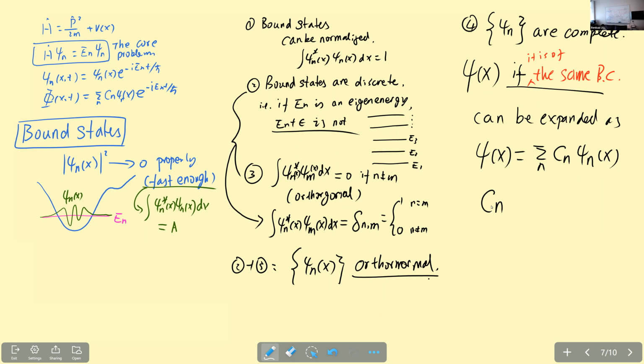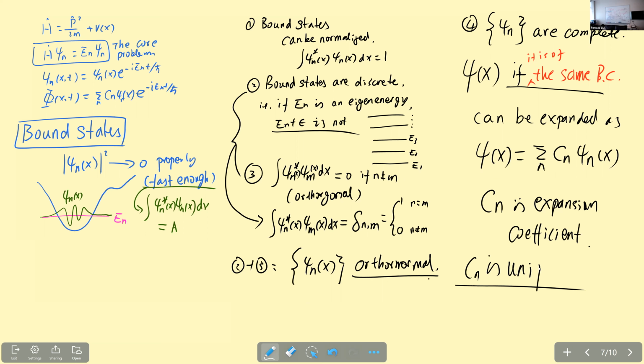And the C_m, these coefficients, are called expansion coefficients. And this C_m is actually unique. That means you cannot have two expansions with different coefficients for the same wave function.